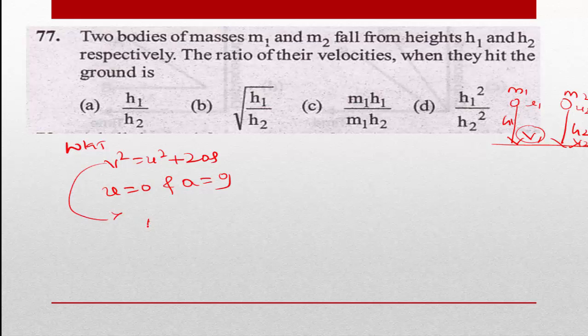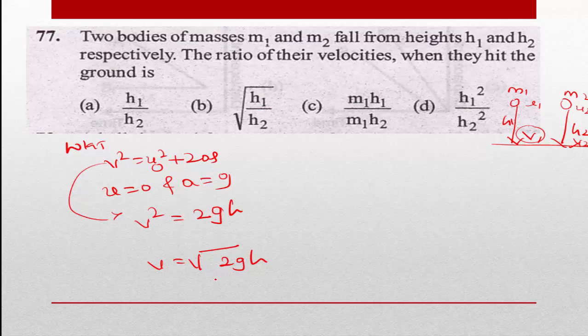Therefore, we get v square is equal to 2g into h, because u equal to 0 and a equal to g. We get v square is equal to 2gh, or v is equal to root of 2gh.